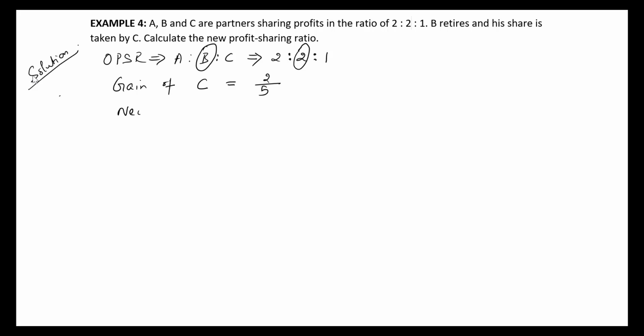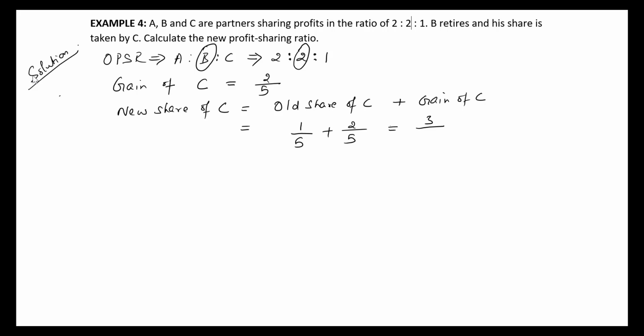So we can apply the formulae. New share of partner C is equal to the old share of C plus the gain. The old share of C is 1 divided by 5 plus the gain of C 2 divided by 5, and we get the new share of C as 3 divided by 5.